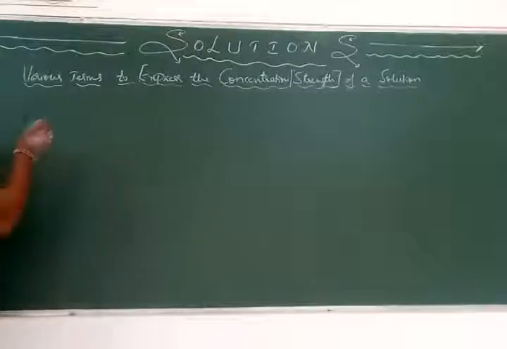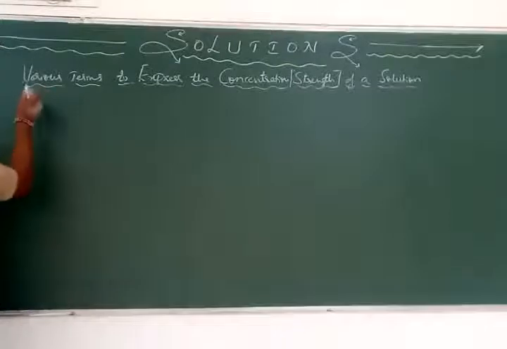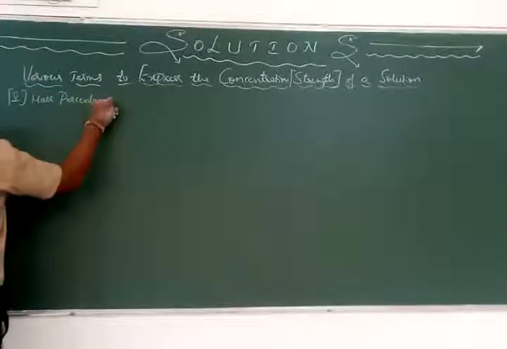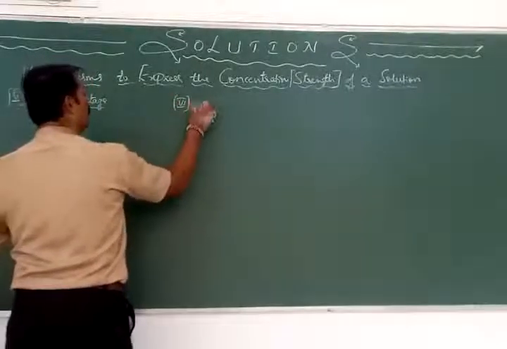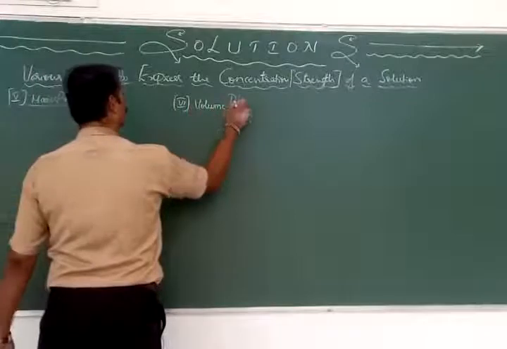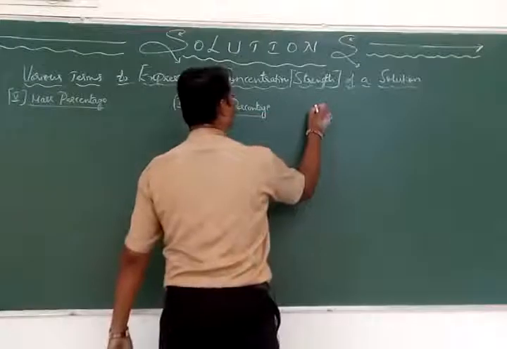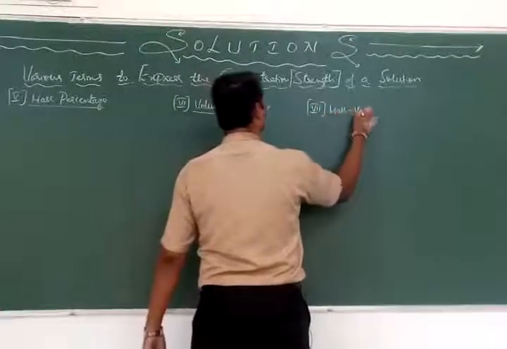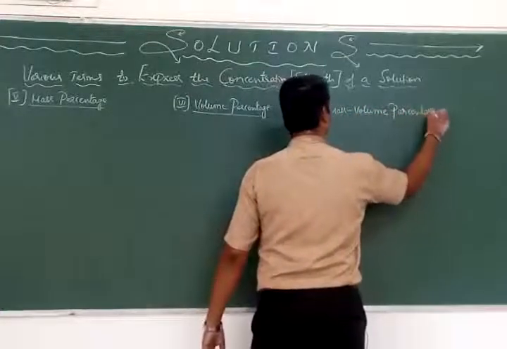Fifth we will have mass percentage, then sixth we will have volume percentage, and the seventh, the third set, we call mass volume percentage.